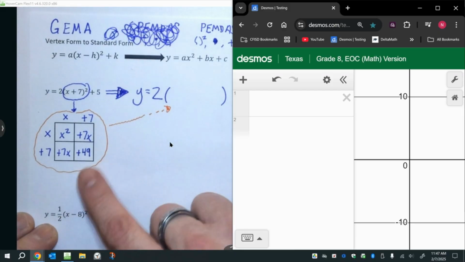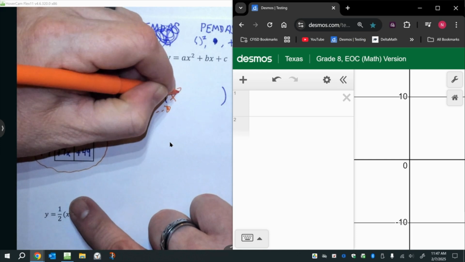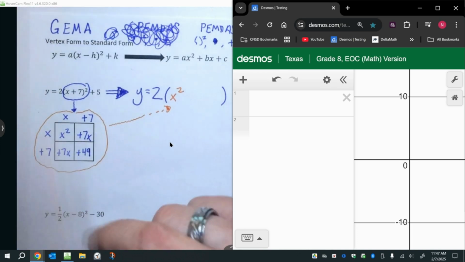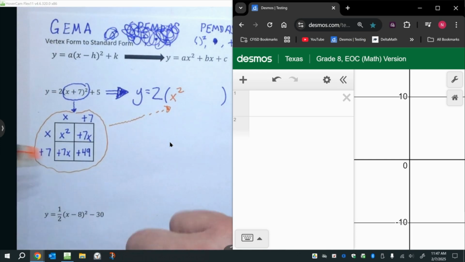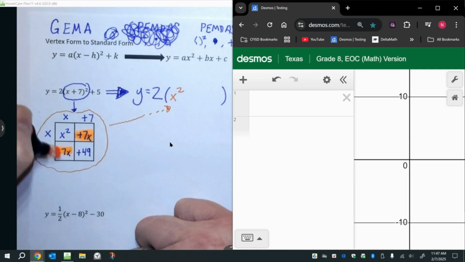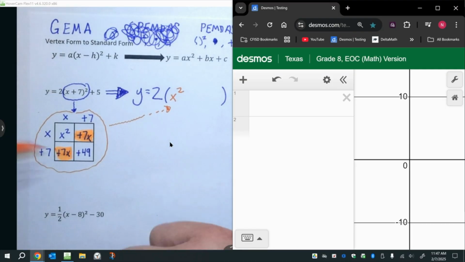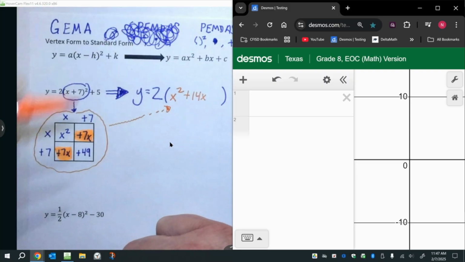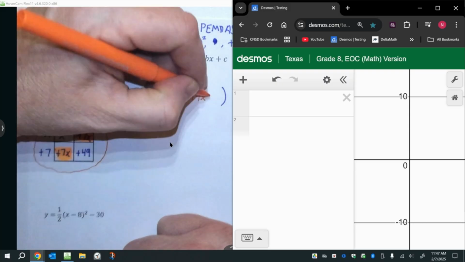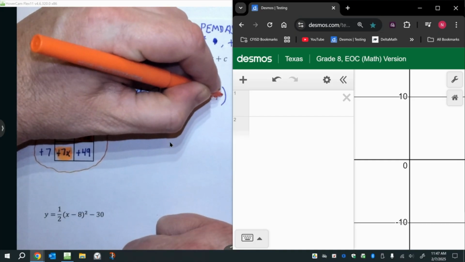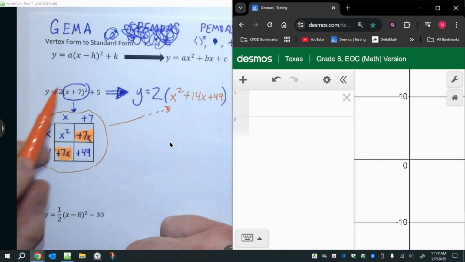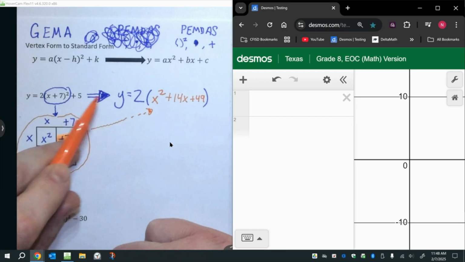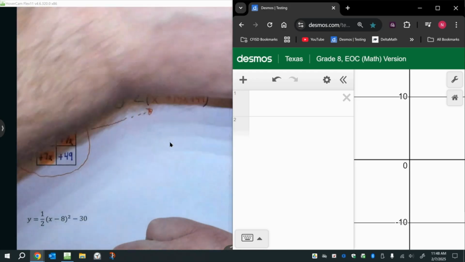Okay, so what we have is x squared, and then if I add these two together, because that's what we've got to do here, I get 14x, and then my plus 49. Okay, but then I still have this k value, so I'm going to put this plus 5 here on the end.